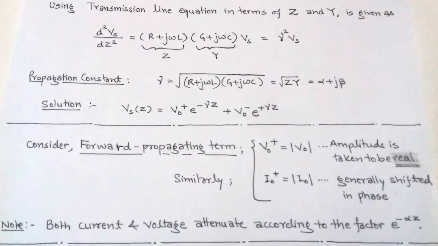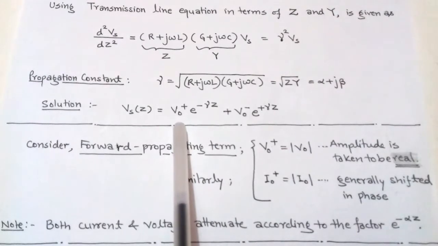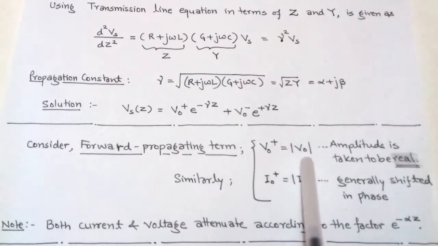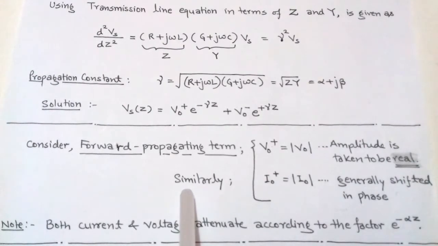So here we take a forward propagating term, and in the forward propagating term we have V0 plus. Here V0 plus is an amplitude, and to determine the real voltage we take a real part of this amplitude. So the real part of this amplitude V0 plus is equal to mod of V0. Similarly, we can use a real current, and real current also has two terms, which are I0 plus and I0 minus.